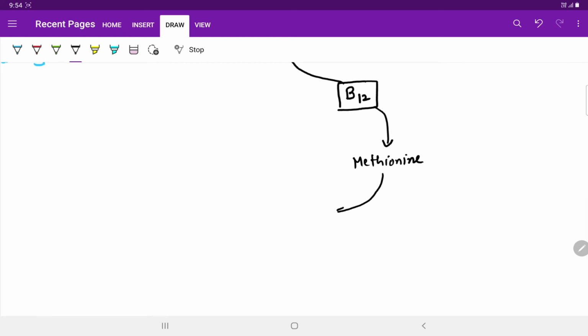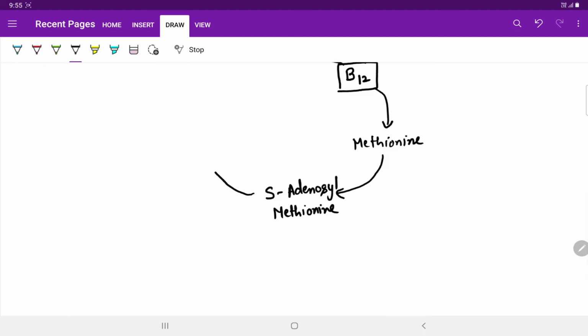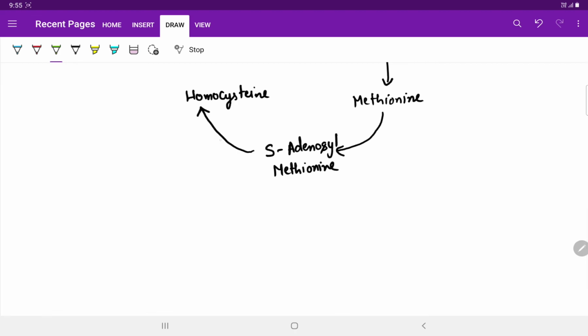This methionine is further subjected to form S-adenosylmethionine, attachment of purines, and later leads to formation of homocysteine. But during this process, the donation of one methyl group occurs that leads to the transmethylation.